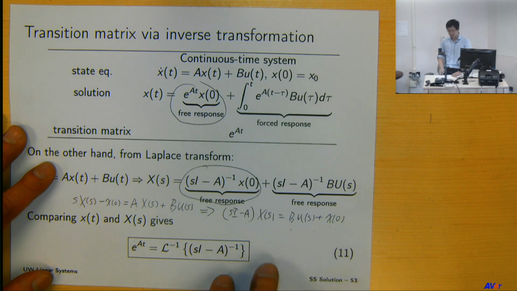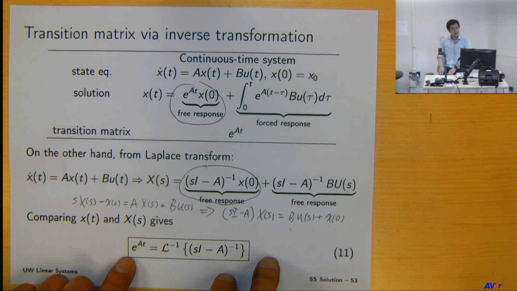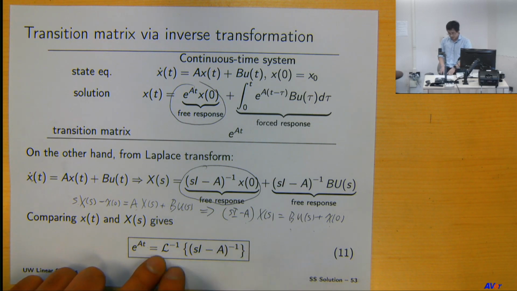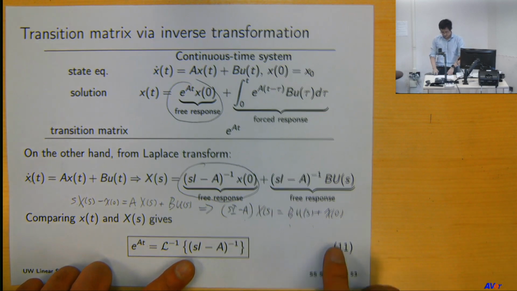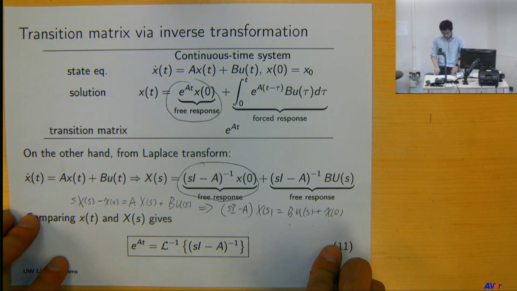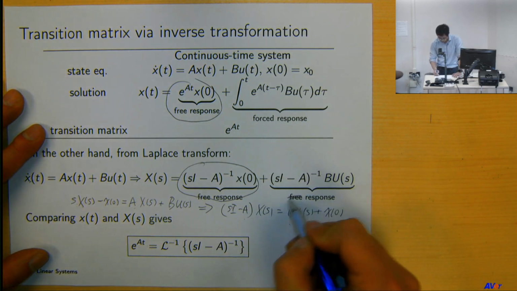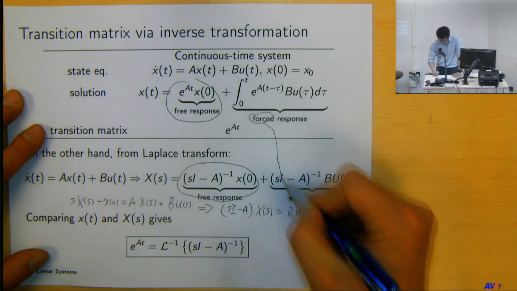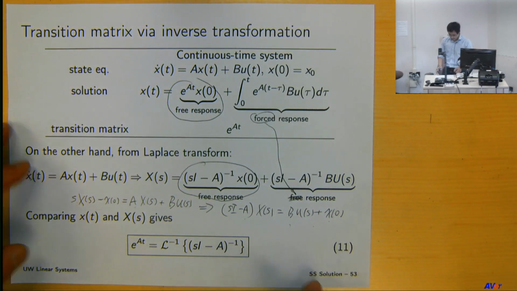That's the main message: you can obtain the e^(At) matrix by computing the inverse Laplace transform of this matrix. Questions? Should that say forced response under the BU(s)? Oh yeah, forced response. Thank you.